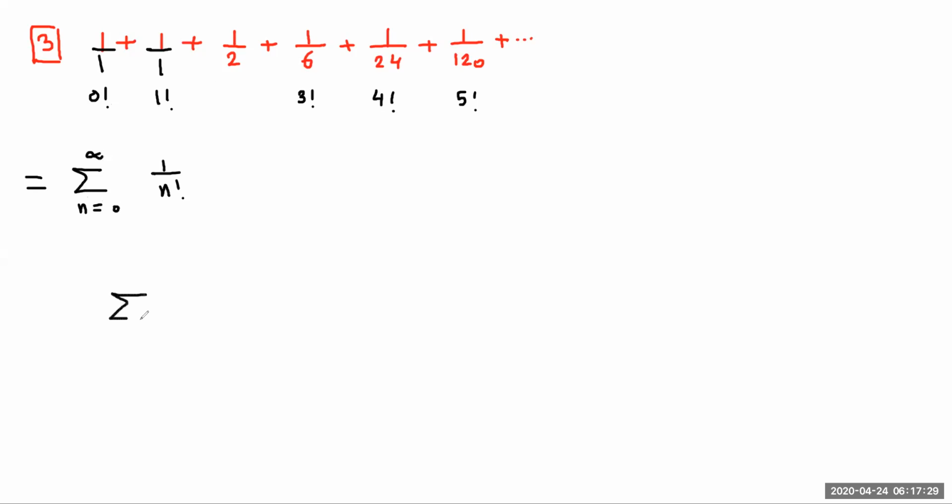Remember that sigma x power n over n factorial from n equals 0 to infinity is equal to e power x for each real number x, whatever x, any real number. It's not necessarily from minus 1 to 1, like the geometric series.